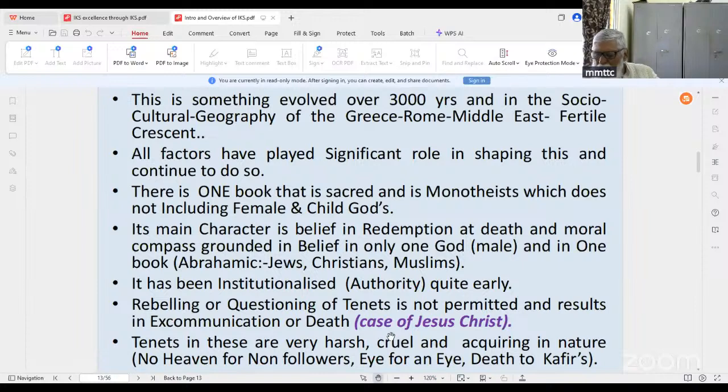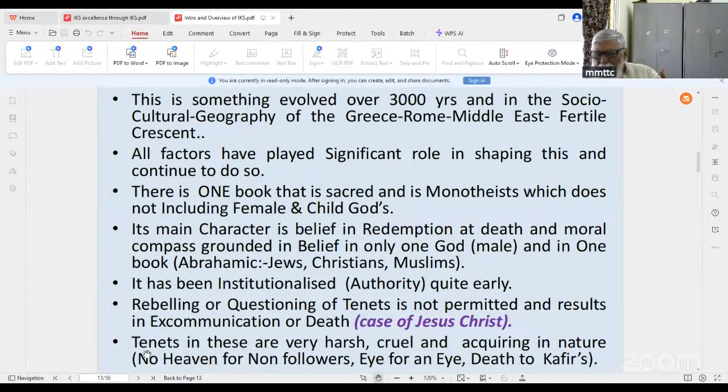For example, Jesus Christ was crucified simply because he opposed the way Jews were operating the religion and the knowledge system then, particularly the temple in Jerusalem. And because of his killing, Christianity sprang up. The tenets in these are very harsh, cruel, and very acquiring in nature, grabbing everything. For example, these say there is no heaven for non-followers, an eye for an eye, death to the kafirs or the non-believers.